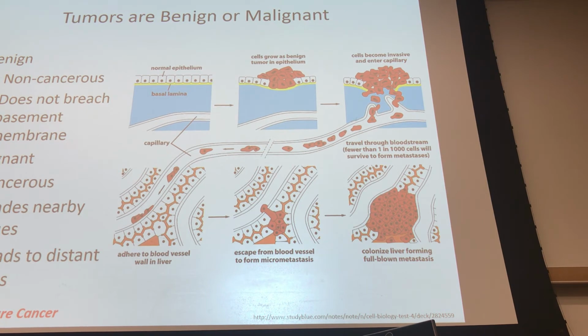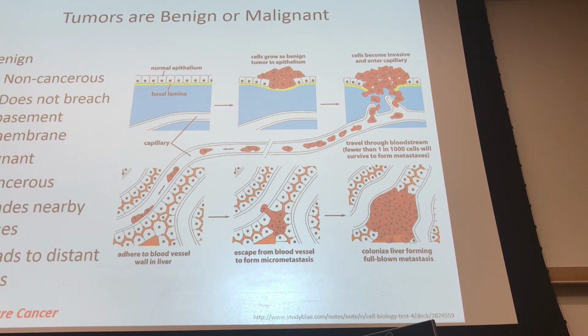Once these cells start growing, let's say that this cell right here is going to become tumorous, so it's going to start dividing without control, right? So you've got all these cells dividing without control. At this point, it's not cancer. It's just a tumor, a benign tumor. What happens is, if these cells can break through that basement membrane, if they're cancerous, they'll secrete proteins that can degrade that basement membrane.